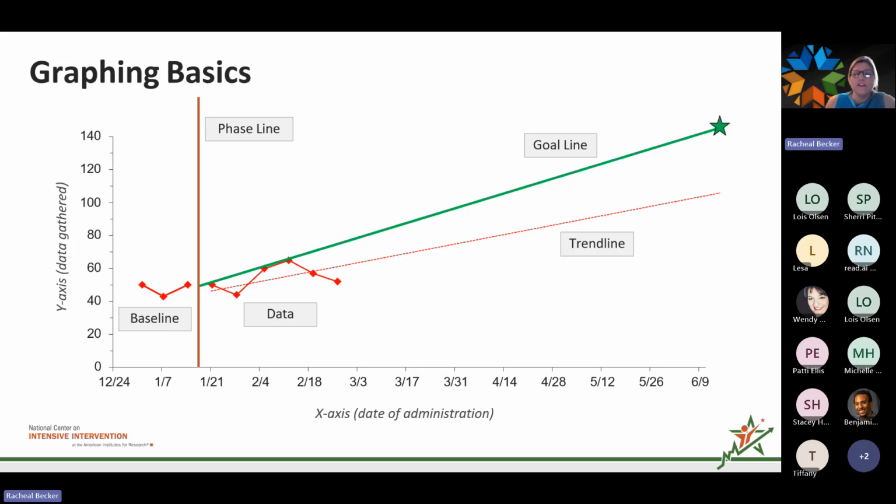After they started the intervention, it looks like they're entering it weekly. We have the goal line in green, and then the trend line here in this red color. So at this point, is the student on track to meet the goal based on this trend? No, they're not.